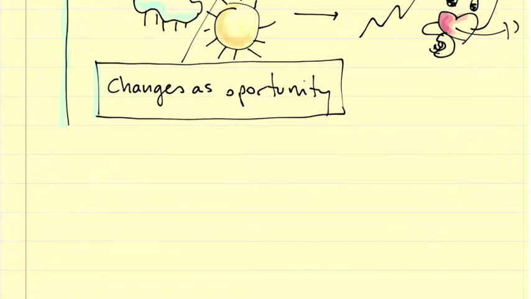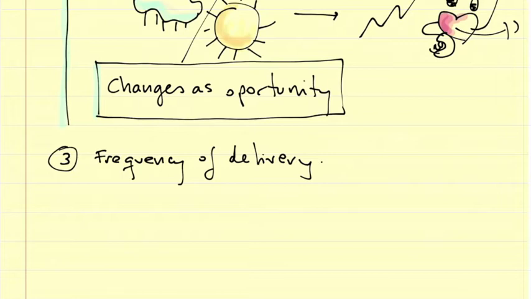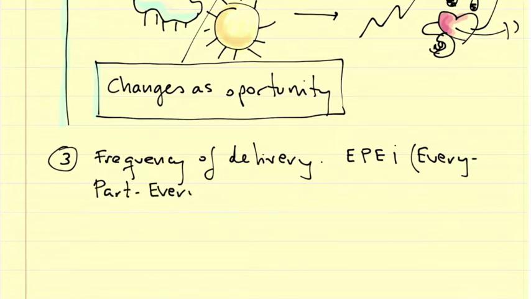So, number 3 is the frequency of delivery, which is measured with one KPI called habil, every part, every interval, which we will learn next week.